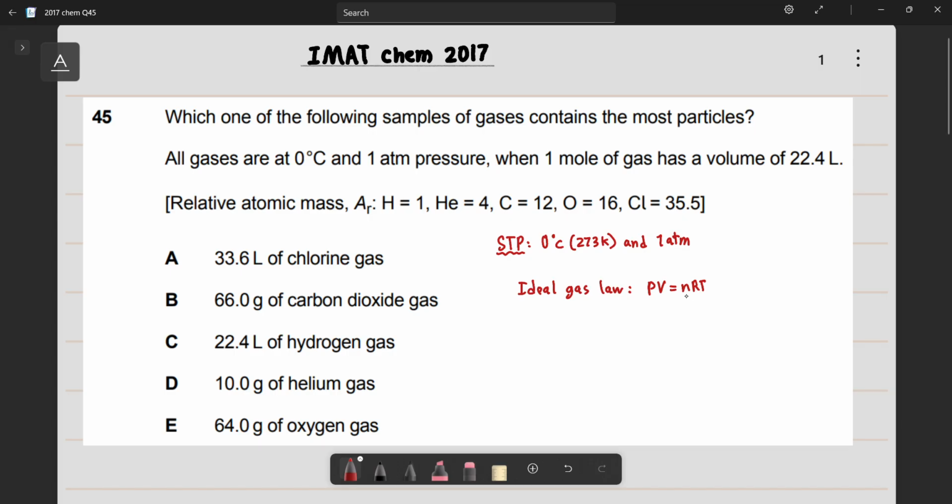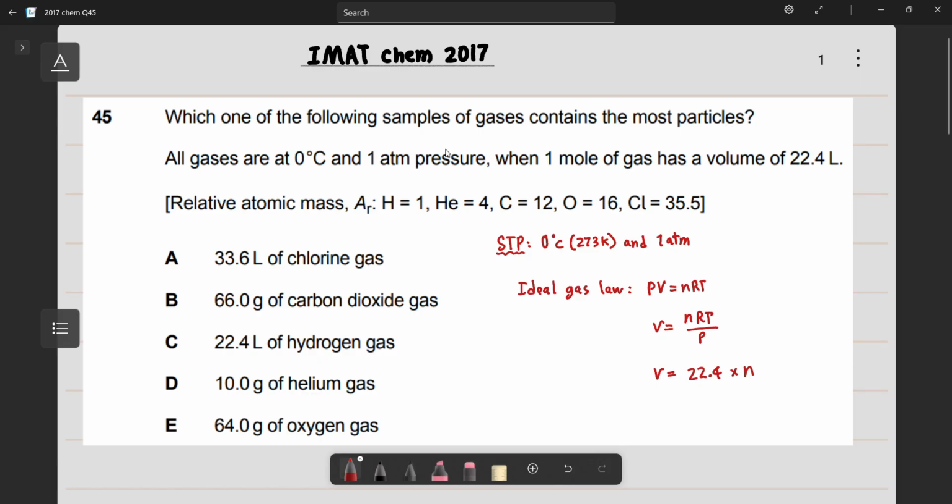If we substitute the values for the gas constant, the temperature, and the pressure, and shift to the other side, focusing on the value of RT over P, this gives volume equals 22.4 times the moles.